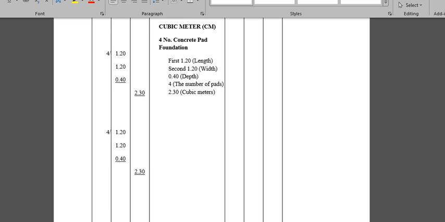For instance, let's just show a little bit of calculation. Of course, here the items were straightforward, so there is not much need of calculations there. So that is 1.20, and then we have depth equals 0.40.